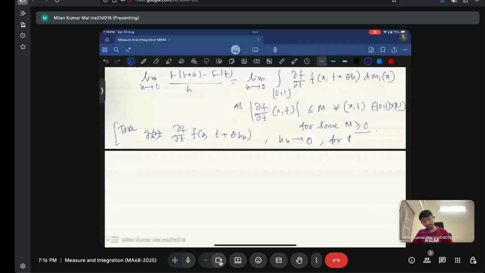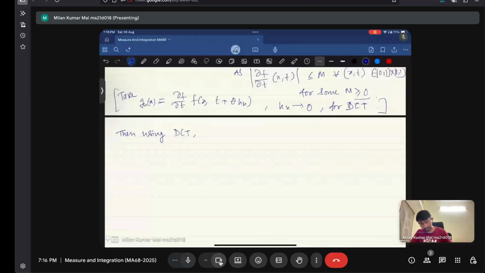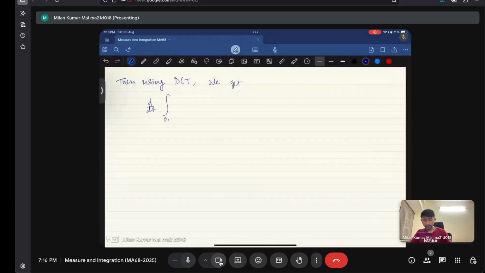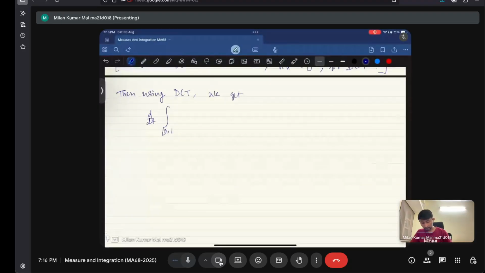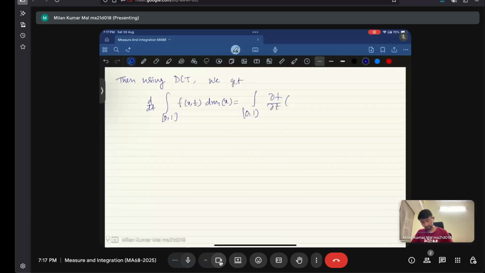Then using dominated convergence theorem, we get d/dt of the integral from 0 to 1 of f(x,t) dm1(x).